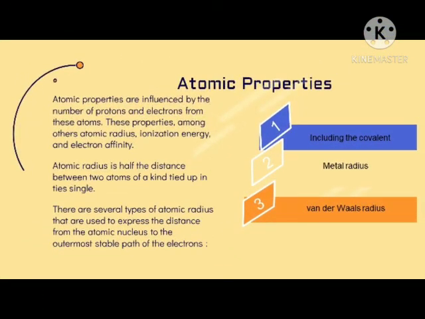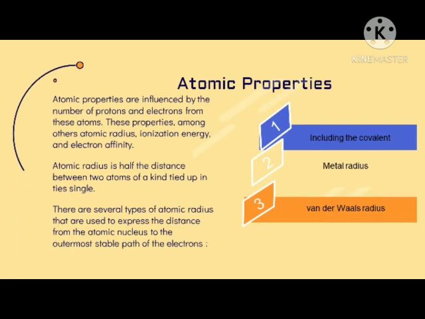Atomic properties. Atomic properties are influenced by the number of protons and electrons of the atom. These properties include, among others, atomic radius, ionization energy, and electron affinity. Atomic radius. Atomic radius is half the distance between two atoms of the same kind in a single bond. Usually, the distance is measured in picometers and angstroms.